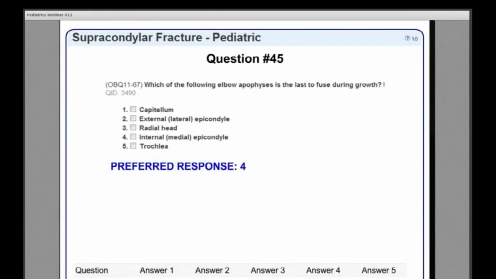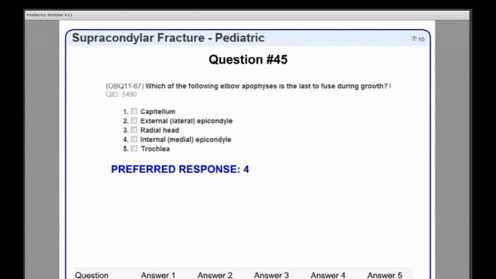So knowing the order of closure of the elbow apophyses, you are able to select number 4, medial epicondyle. And this was a really hard question, with the majority of the respondents selecting the external epicondyle, because again, I think most of us remember the order of appearance and not the order of closure, and hopefully those slides have made those facts more clear.